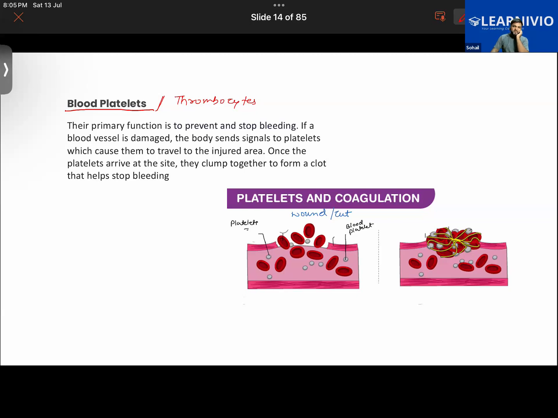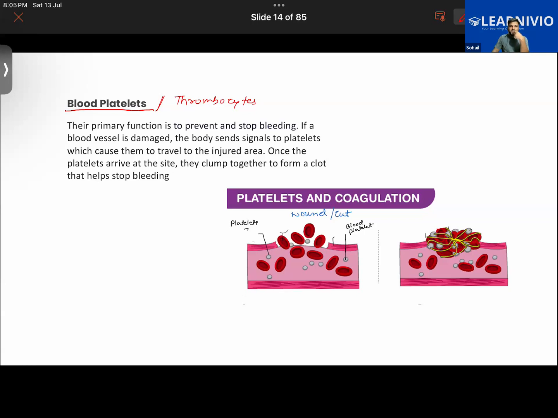Now think of this: if the number of thrombocytes or blood platelets were to decrease from the normal count in our body, what will happen? Any idea?